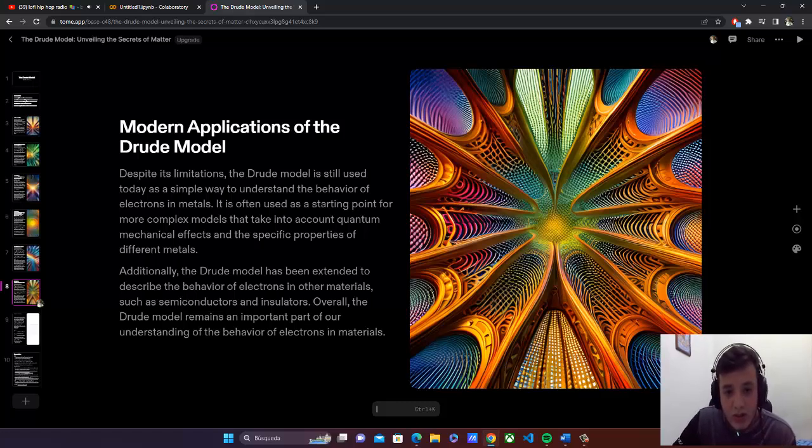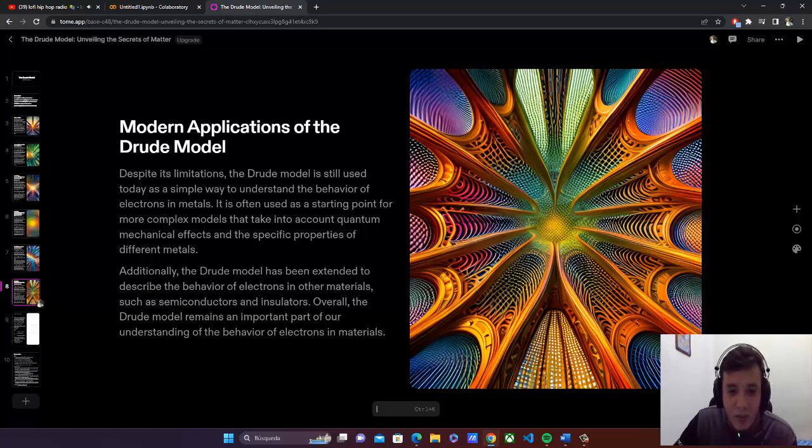The Drude model is used in the design and characterization of electronic devices such as transistors, diodes, and integrated circuits. It helps understand electrical conductivity in semiconductors and materials and optimize device performance.